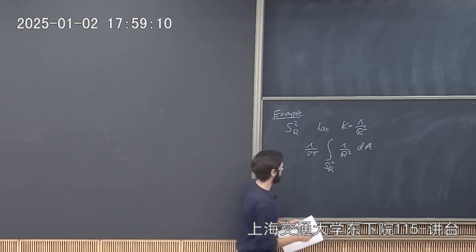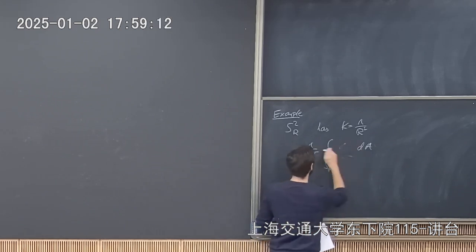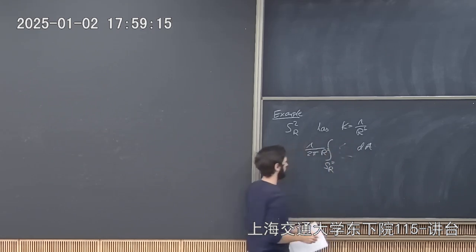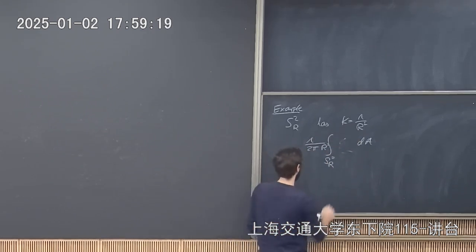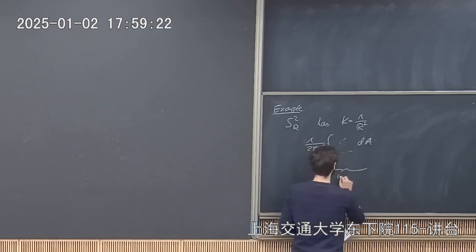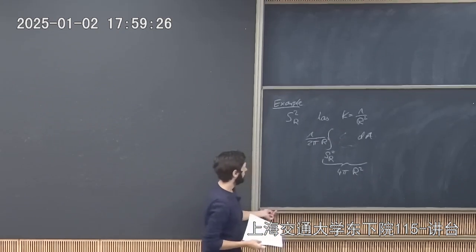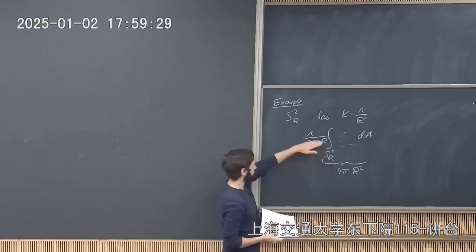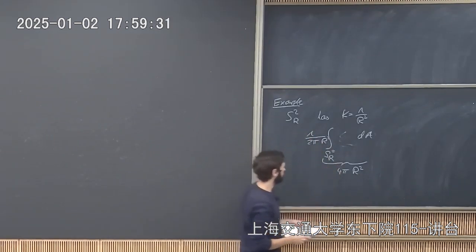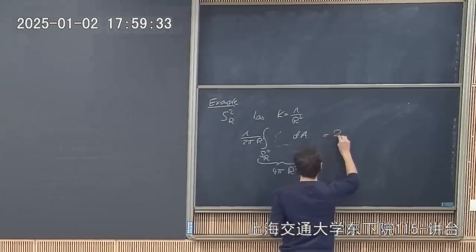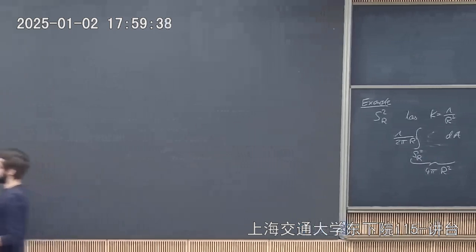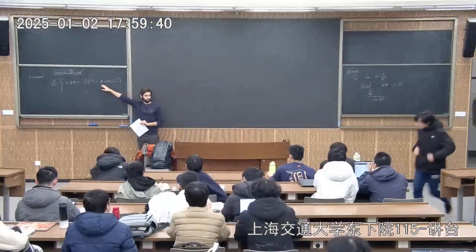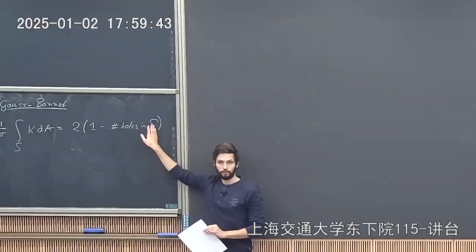We can bring the 1 over r squared to the front, and then what remains is the whole area of the sphere, which is of course 4 pi r squared. So the 2 pi cancels, and in total you end up with 2. And that's consistent with my image of the sphere, that it doesn't have any holes.